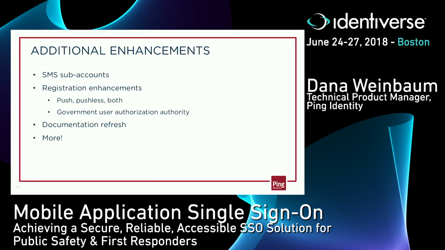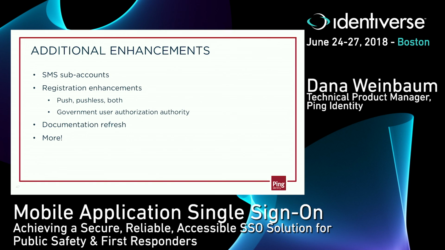So now we allow the organization, if they don't want to support pushless mode during authentication, to disallow it in the registration process. The second granularity that we provided here is the Government User Authorization Authority. We have a customer that wishes to authorize their users and identify them using a government third-party authority. So they want, for each device that the user registers, whether it's the first one or any other device, to authorize and verify the user against this government service.